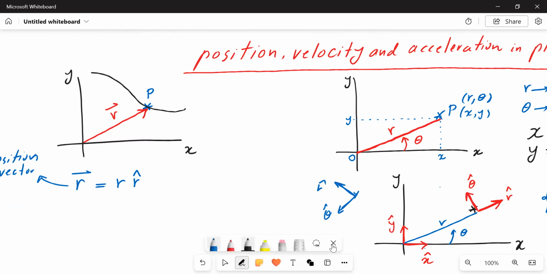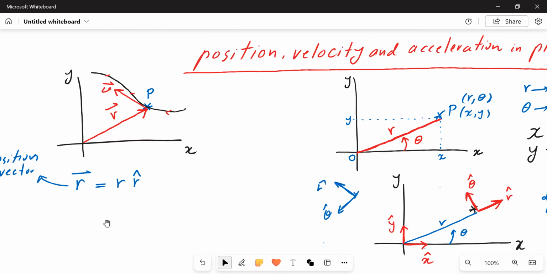And the velocity is always tangent to the trajectory of the particle, right? So if the particle is moving in this direction, this would be the velocity.